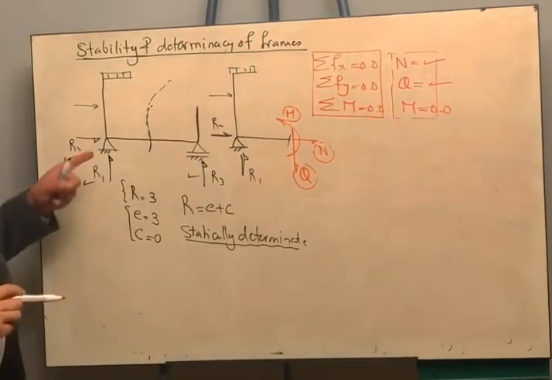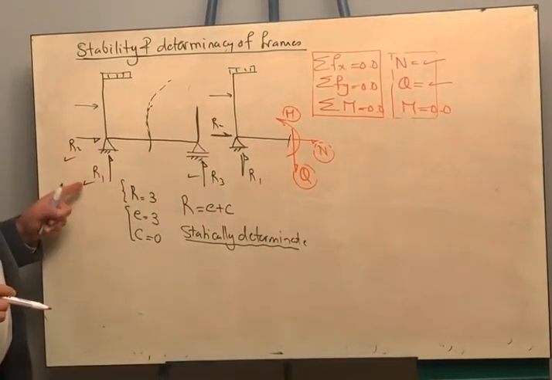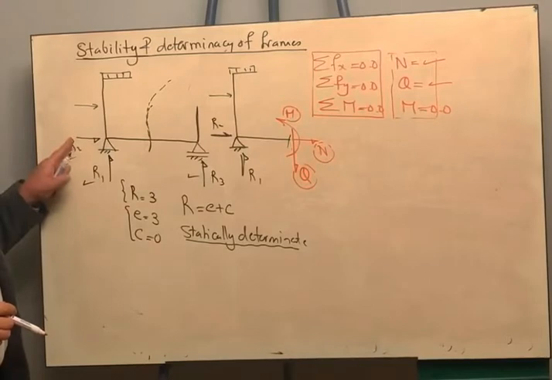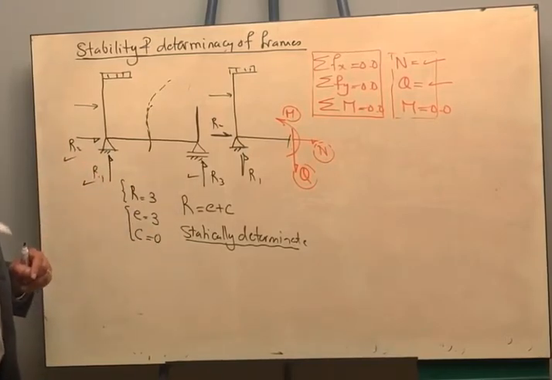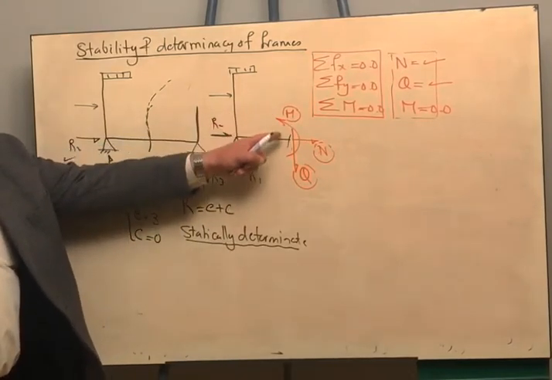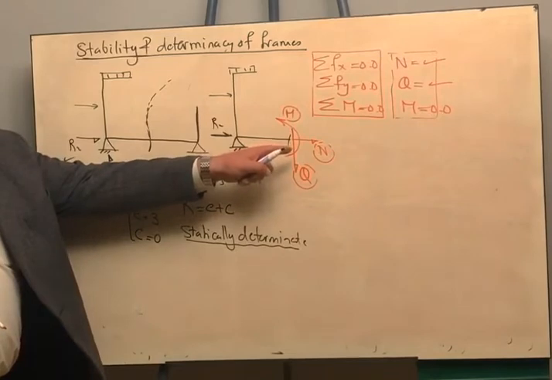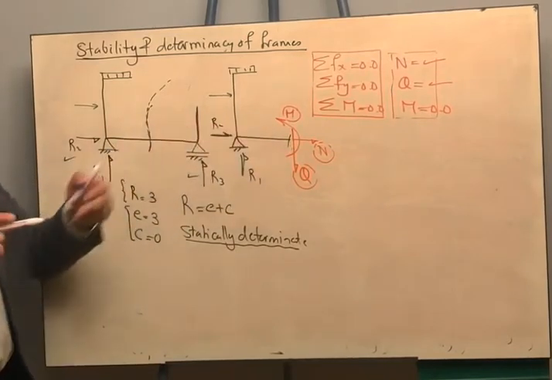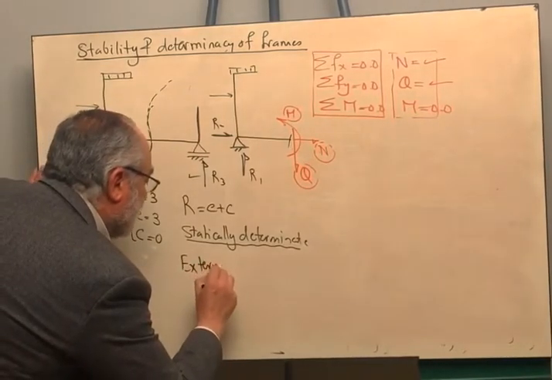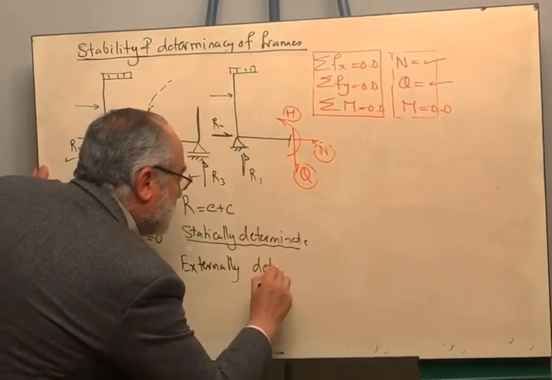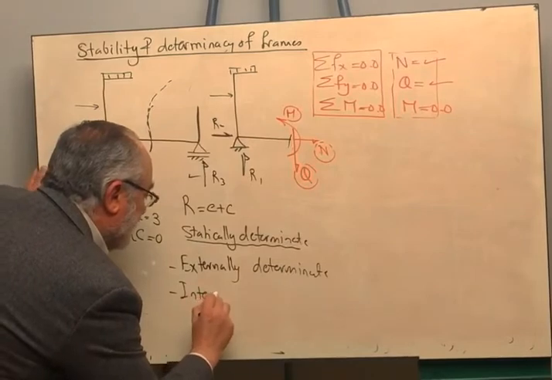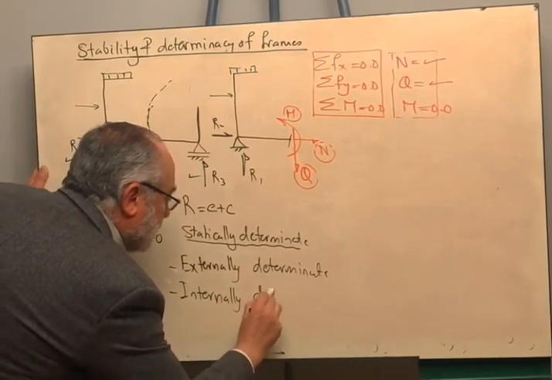Therefore, this structure is externally statically determinate because I can use the equilibrium and the condition equation to solve for the support reactions. And also it is internally statically determinate because whenever I am cutting a section, I'm going to get only three unknowns and I'm having three equilibrium equations. Therefore, this structure is externally determinate, and also it is internally determinate.